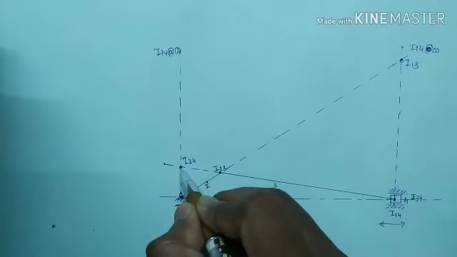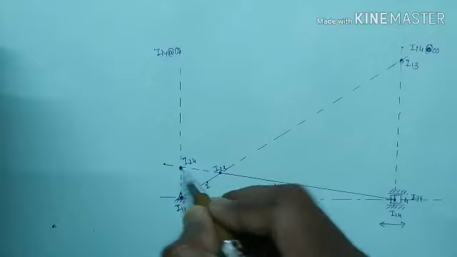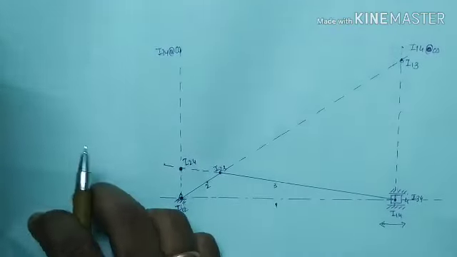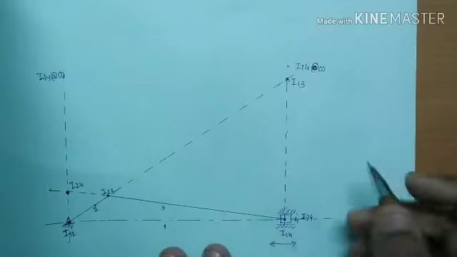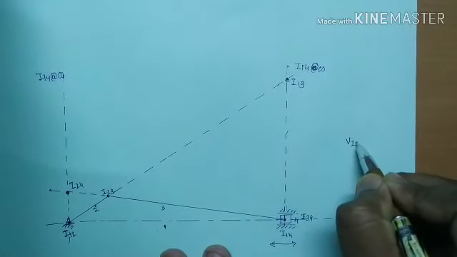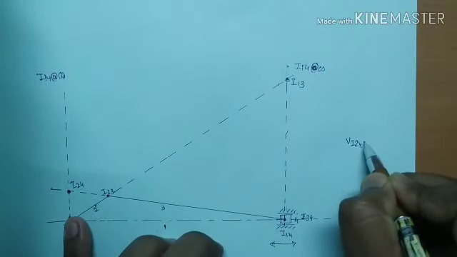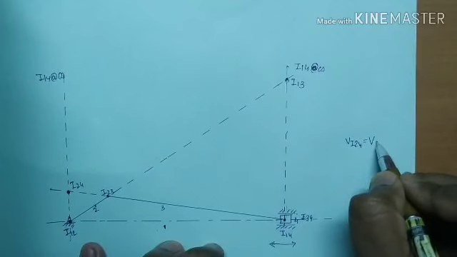So I14 will lie on link 4. Hence V I24 will equal V4.